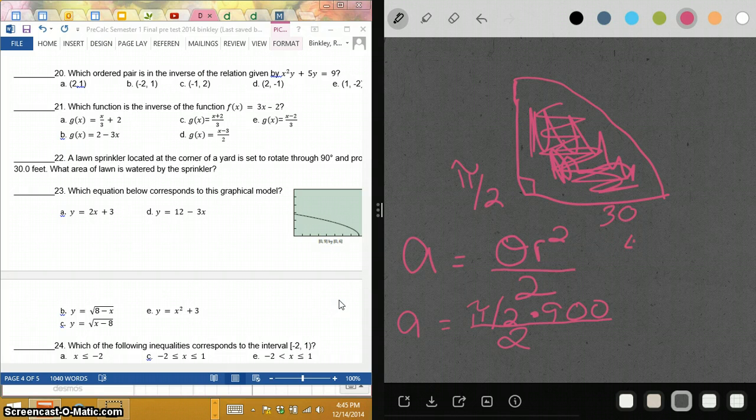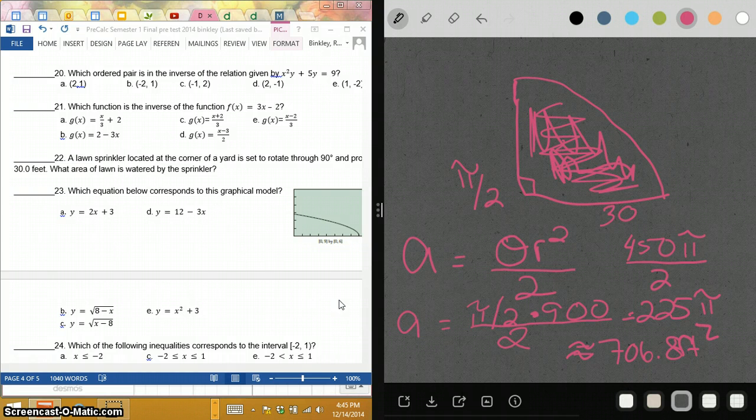My numerator is going to be 450 pi over 2, which reduces down to 225 pi, which multiplies out to approximately 706.8, right? Feet squared.